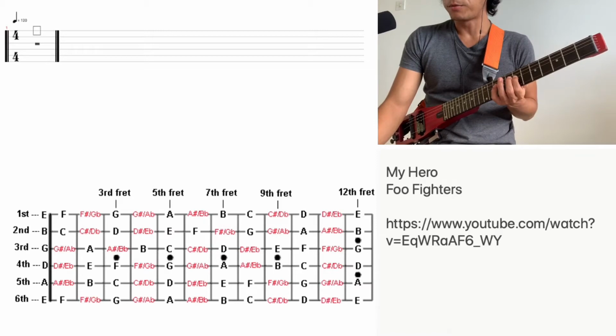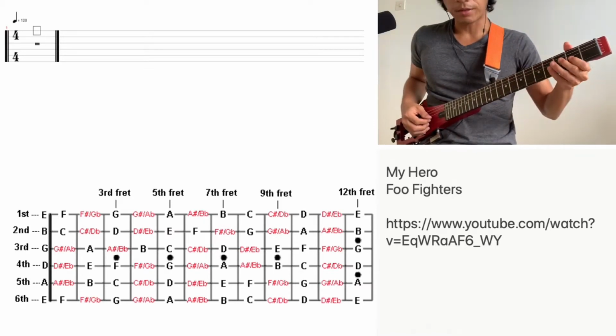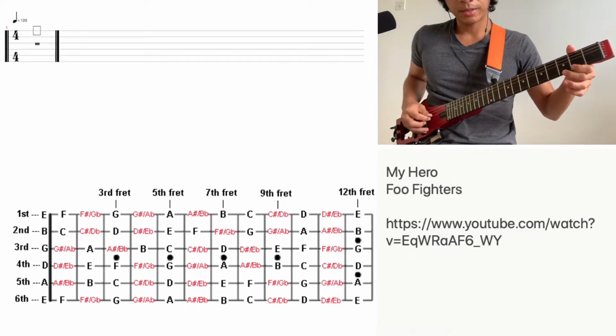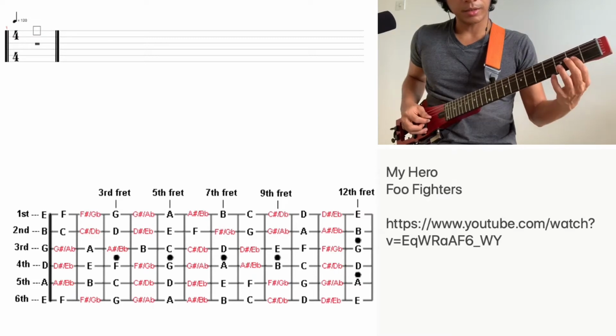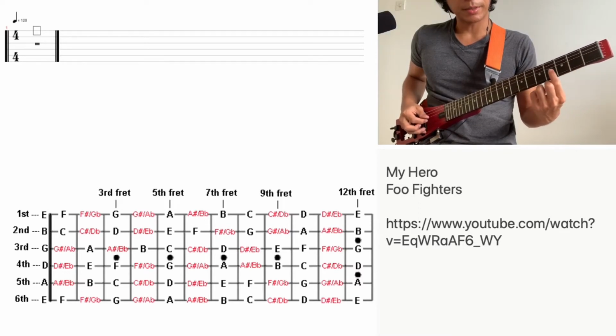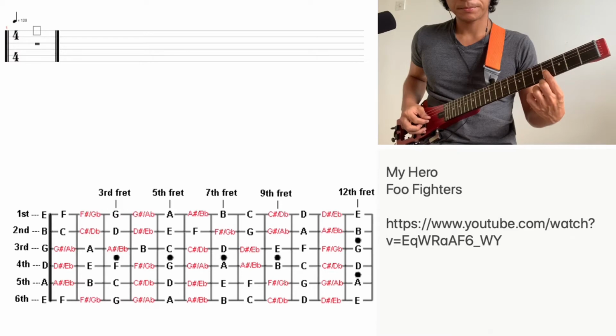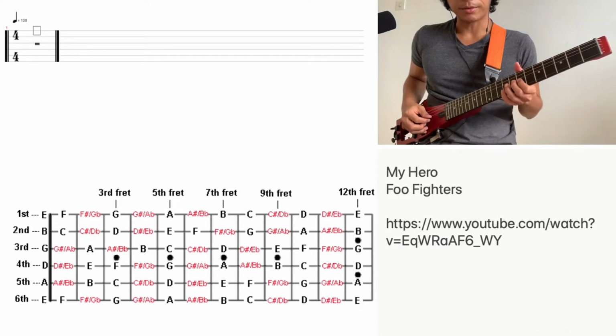Then we're going to move on to the 3rd string. On the 3rd string, we have these few notes. We have the G, the 3rd string, the G open string. And we have the A note on the 2nd fret, followed by the B note on the 4th fret. The C note is on the 5th fret, and the D note is on the 7th fret.